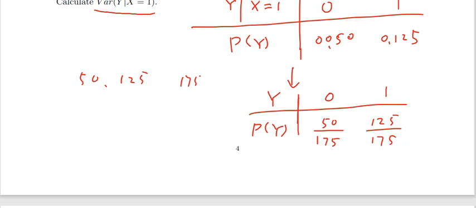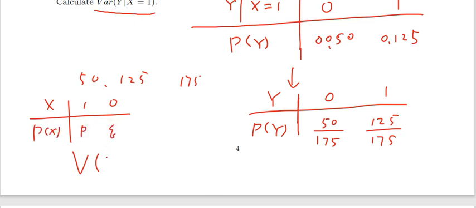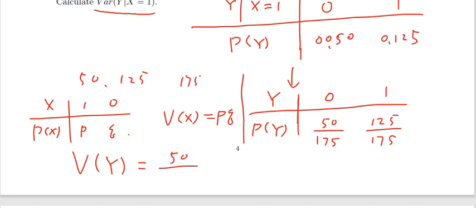By the way, this is a 0-1 distribution. So let's review: suppose X equals 1 with probability p and 0 with probability q. Then the variance is pq, right? So this is just like a binomial or Bernoulli distribution. So for this one, the variance just equals pq.